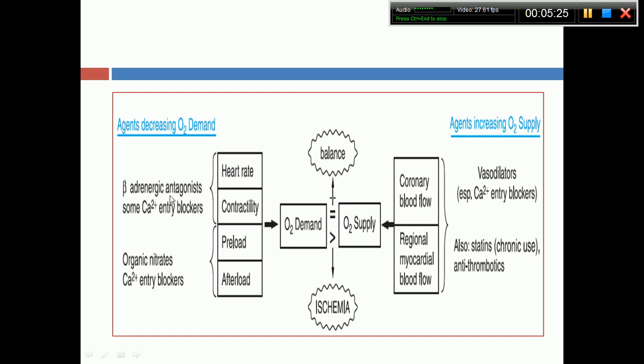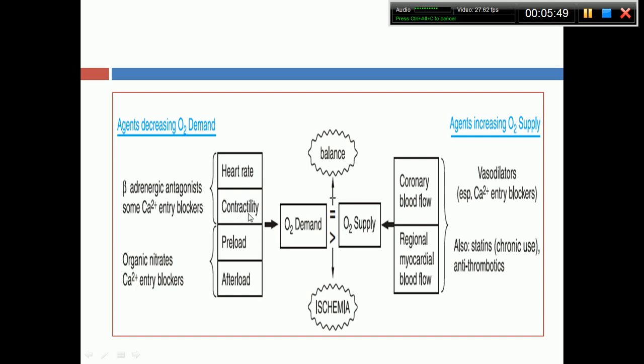What are the drugs? Beta adrenergic antagonists or beta blockers and calcium channel blockers. With beta blockers, the heart rate will decrease, and also the contractility.